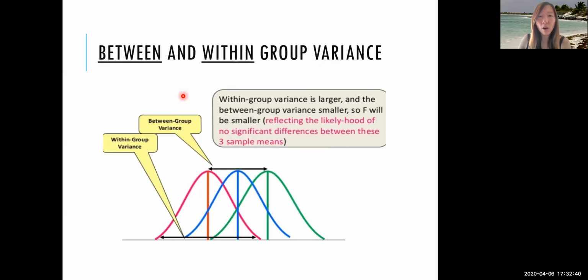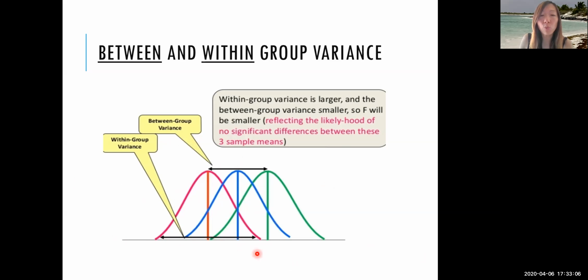So, say we have these three populations or three treatment groups, and, you know what, let me start with between. So our between sample variance is the difference between this group and this group, or this group and this group, or all three.